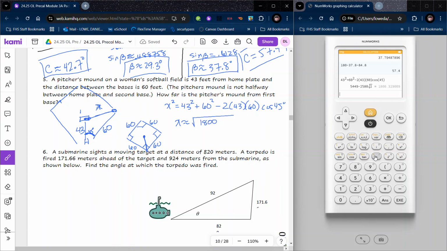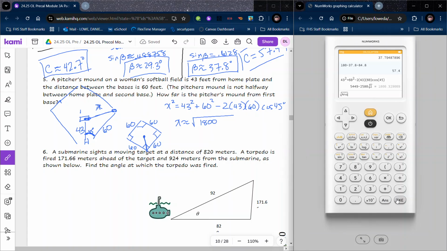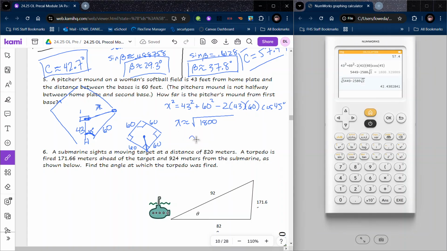If I take the square root of my answer, that gives me that x is approximately 42.4 feet from first base, right? The pitcher's mound. So the pitcher's mound is about the same distance from home plate as it is from first base. And in fact, that is how a softball field is set up.